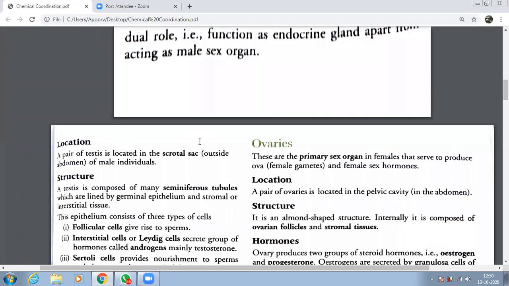Anything else? Intertubular spaces. A pair of testes is located where? In the scrotal sac, outside the abdomen of male individuals.